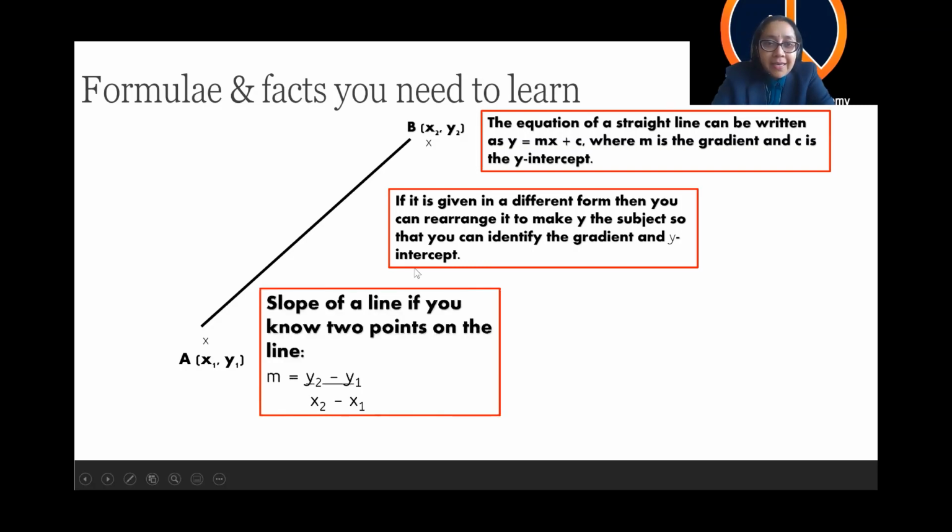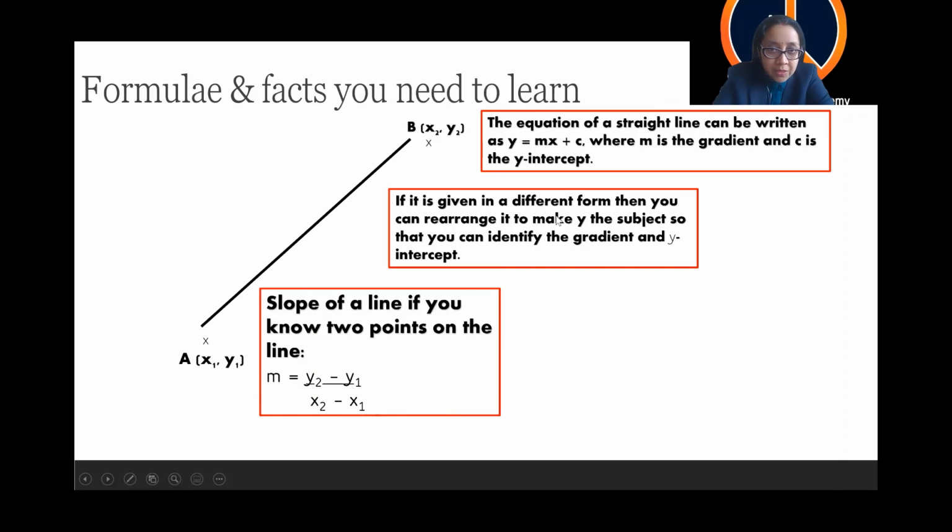The next important thing is that, for example, you have 2 points, A and B, with different coordinates. One is (x1, y1) and one is (x2, y2). We can calculate the slope of the line by this formula: (y2 - y1) divided by (x2 - x1).